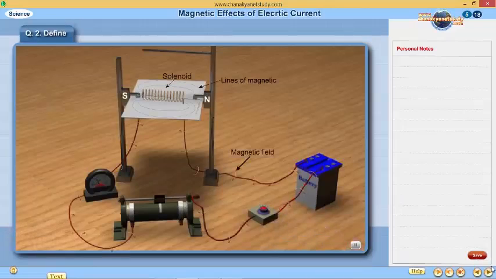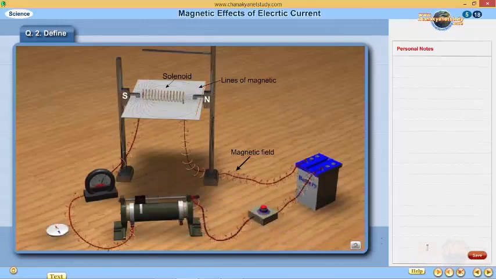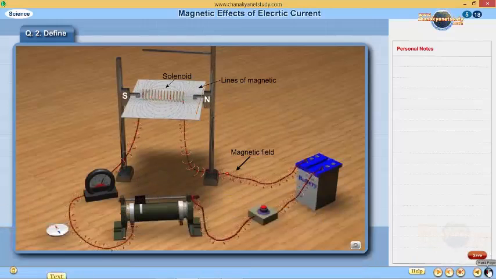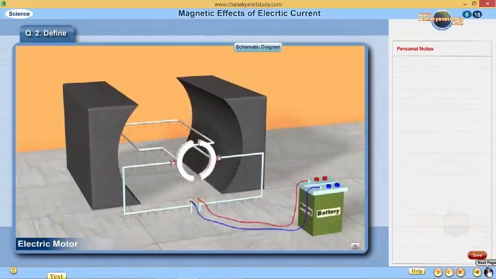Answer. A coil of many turns of insulated copper wire wrapped in the shape of cylinder is known as solenoid. Number 3. Electric motor. Answer. A device which converts electrical energy into mechanical energy is known as electric motor.